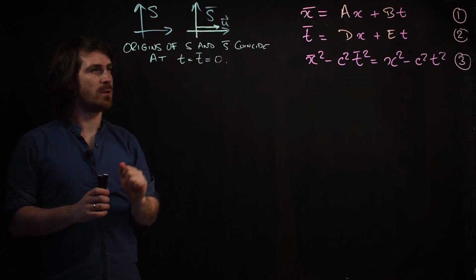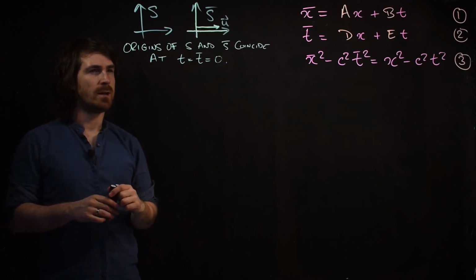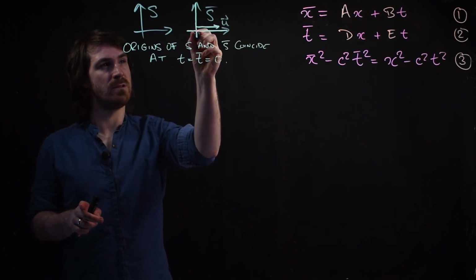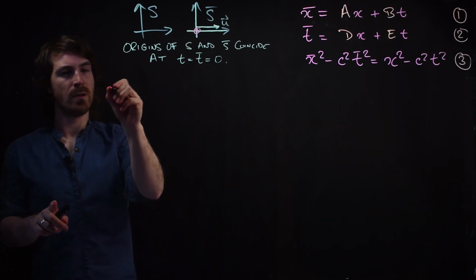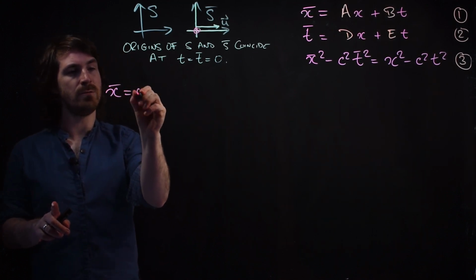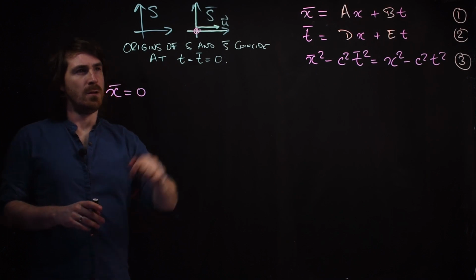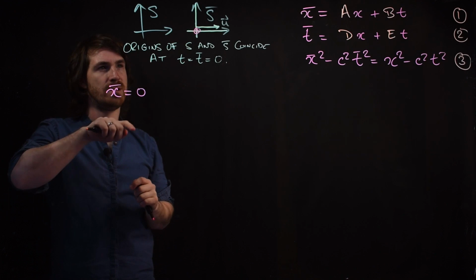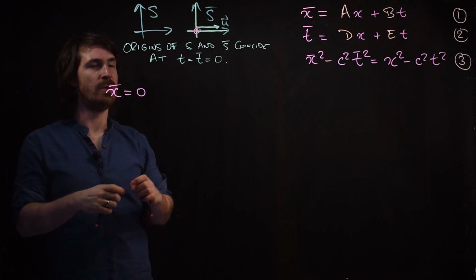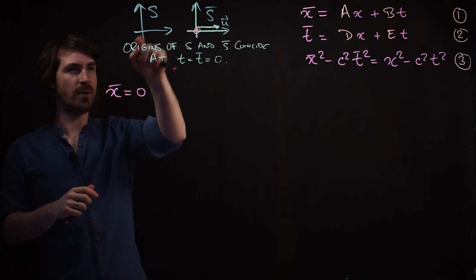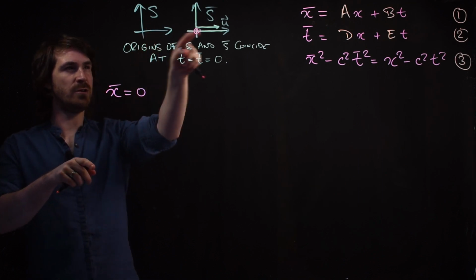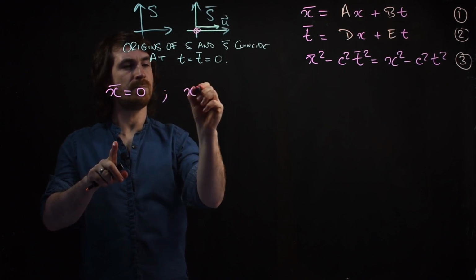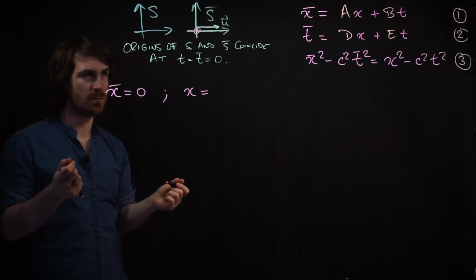So let's think about equation 1, and let's think about the origin of frame S bar. Its coordinate x bar equals 0. So if you're sitting at the origin of S bar, you see that your coordinate is 0, as observed by you. But if your friend is sitting in frame S, then they measure your coordinate to be some x, and this x equals what?